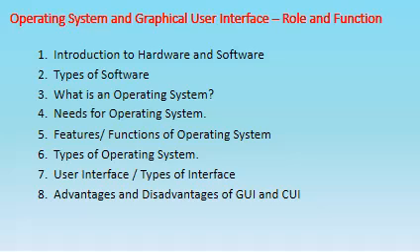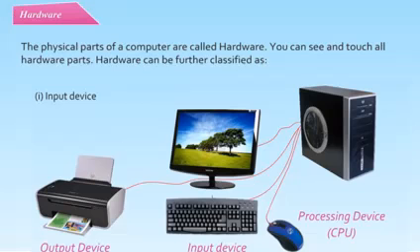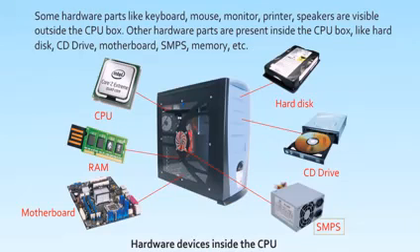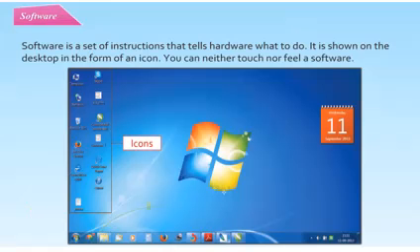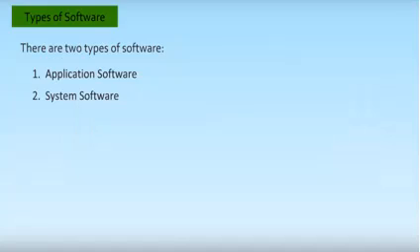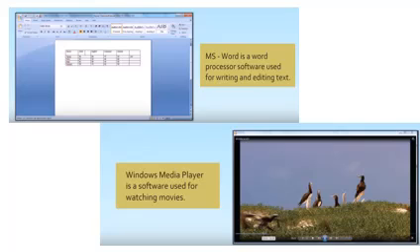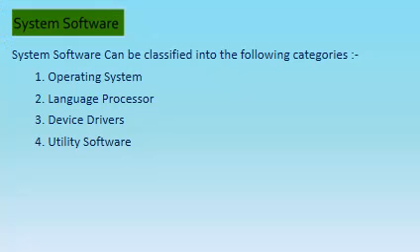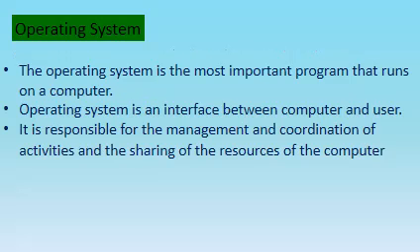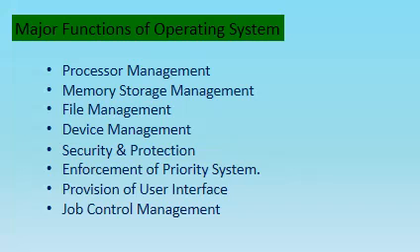There is a brief introduction about the hardware, an introduction about what is the software, the type of application software, the system software, types of system software. This we have already learned, and how the operating system plays a role in controlling the hardware, right? Now in this class we'll learn the major functions of operating system.